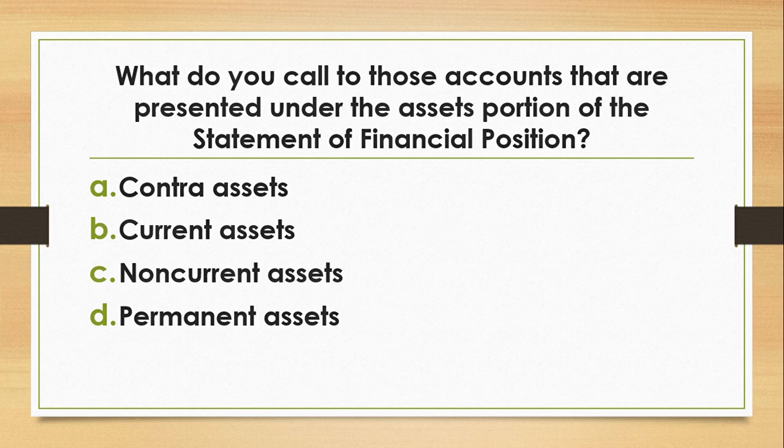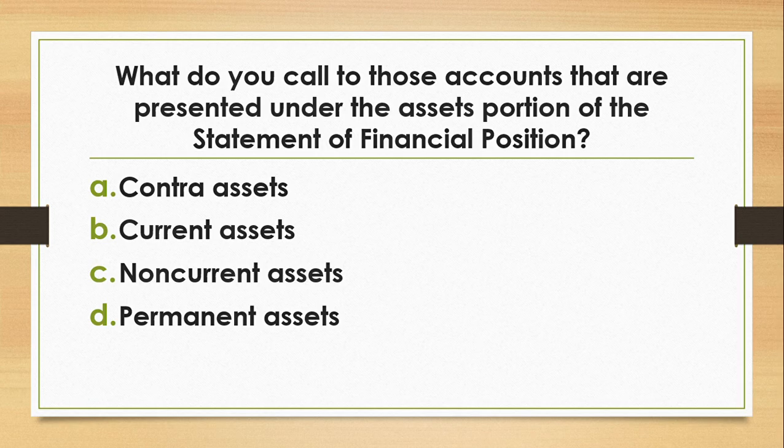So what do you call those accounts that are presented under the assets portion of the statement of financial position but are reductions to the company's assets? So, what is the answer?